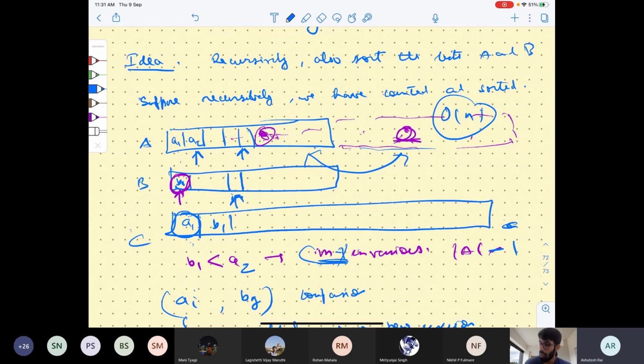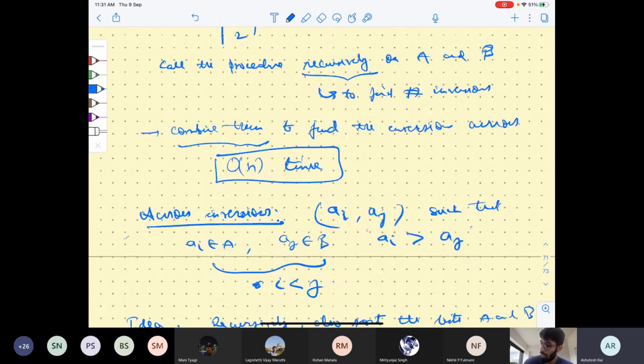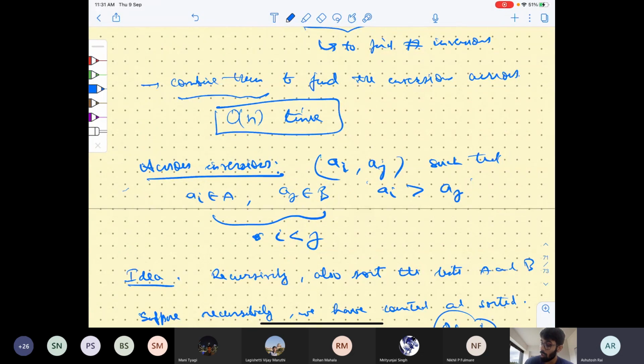For the ones going across, we want that this value is bigger than this value: the value of something in A is bigger than something in B. That is what we saw. Across inversions look like this: there is some Ai belonging to A and some Bj belonging to B, such that Ai is greater than Bj.